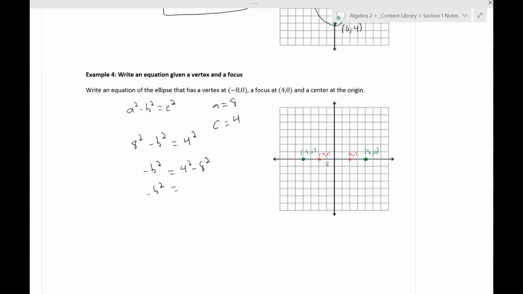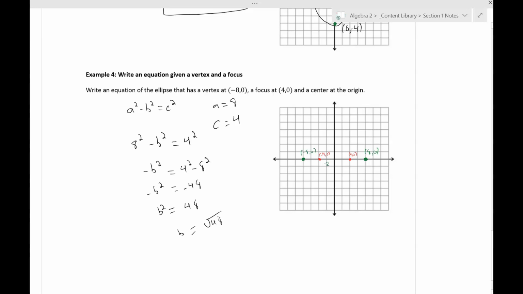Let me check: A squared minus B squared equals C squared. We're good there. So 4 squared minus 8 squared gives you negative 48. Divide by negative, and B squared is going to be 48, which implies B is going to be the square root of 48.